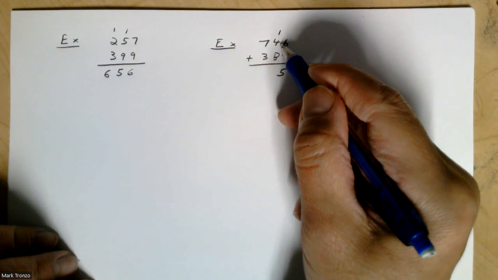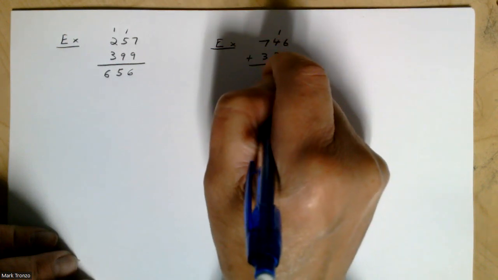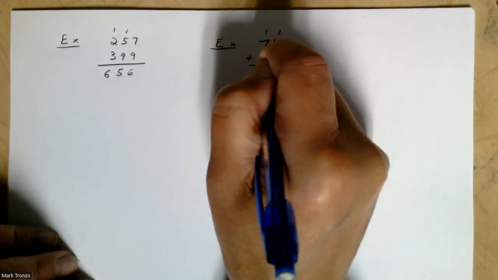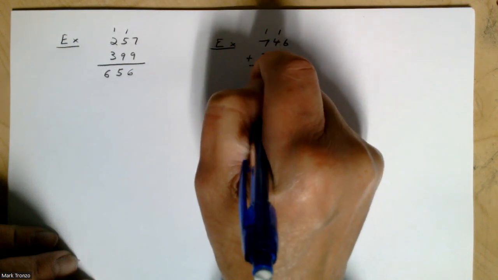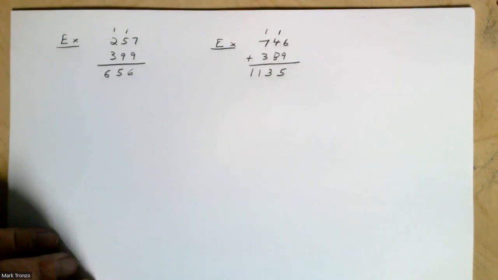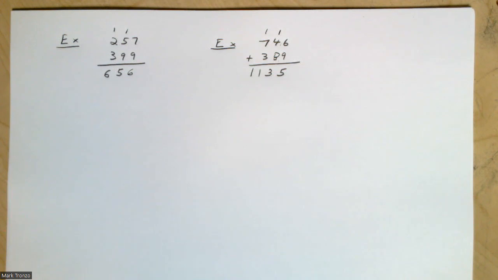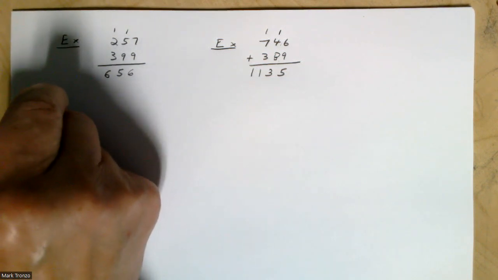And that's 13. Carry the 1. And that's 11. Like this. So again, I want to review this because in a little while, I'll do this with binary numbers. So let's subtract.